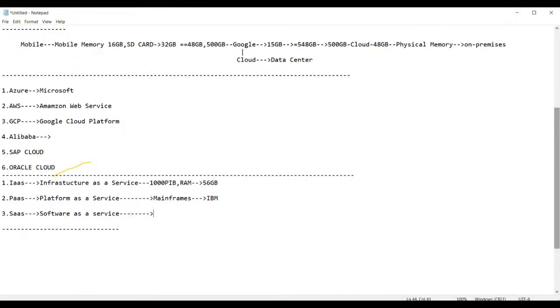And now guys, suppose you require some software. Software in the sense you require some reporting software or some analytical software, such as Power BI, or suppose you require some Cognos.